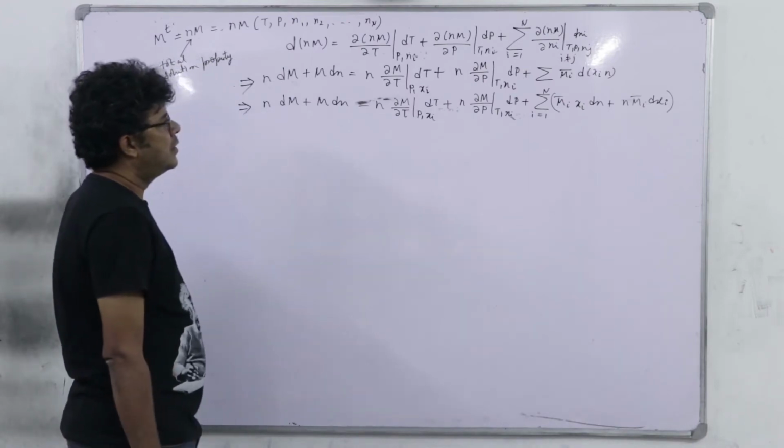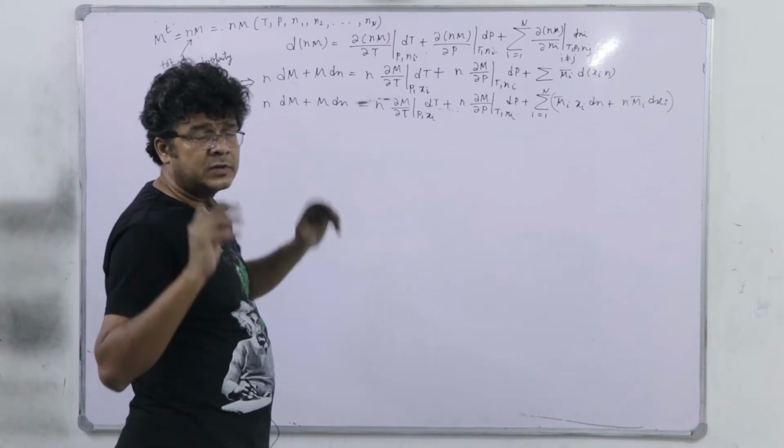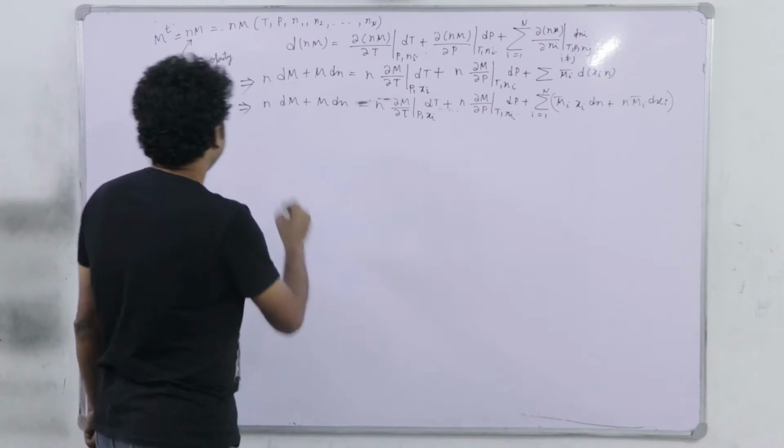Right. Now what you can do, you see there are two terms, one is n, another is dn, we will group them separately.